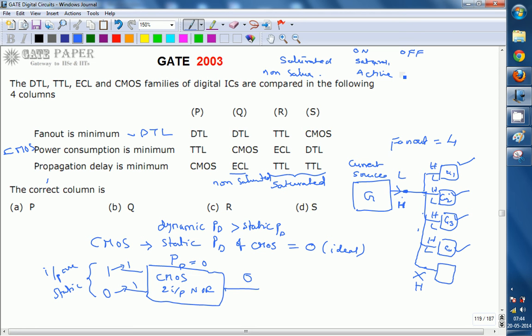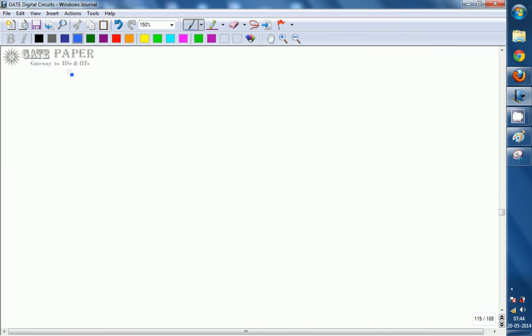So if you observe, the on state for a saturated logic family is nothing but the saturation region. The transistor should go into the saturation region, then only it will be considered as on state.